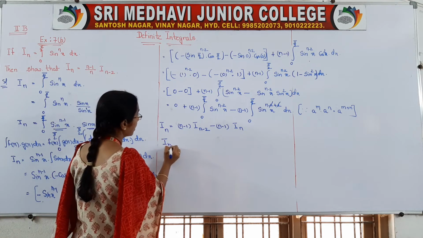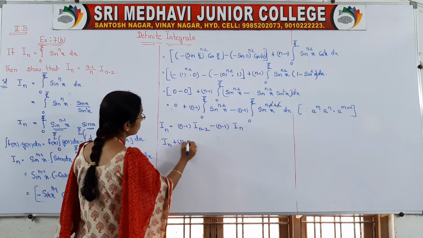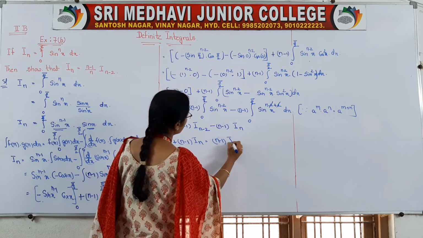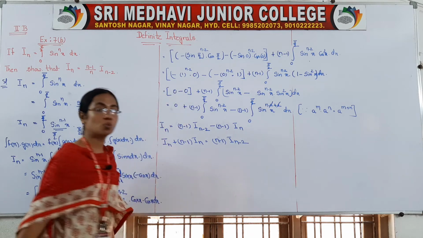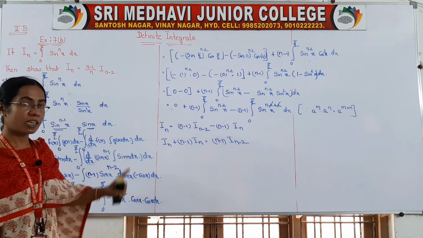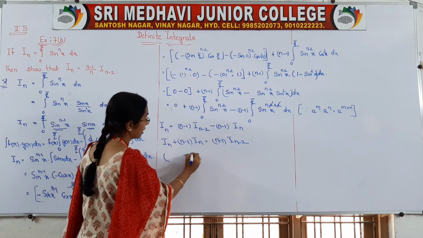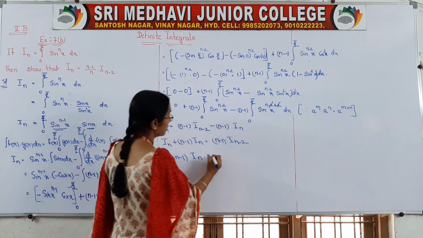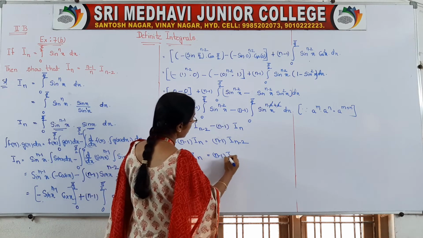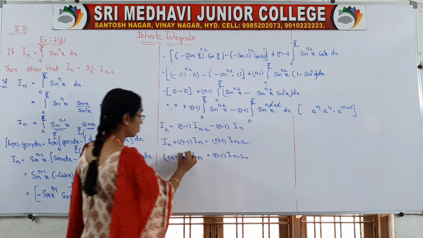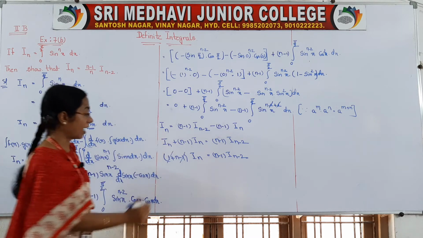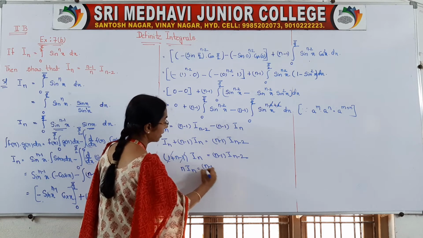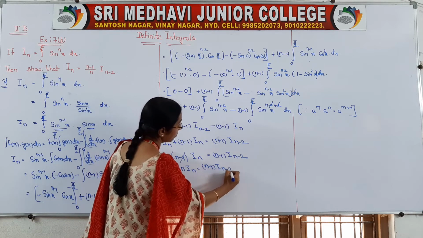So In plus n minus 1 into In is equal to n minus 1 into I(n minus 2). Okay, so we can take In common. So 1 plus n minus 1 is equal to n minus 1 into I(n minus 2). So plus 1 and minus 1 cancel. So n into In is equal to n minus 1 into I(n minus 2).